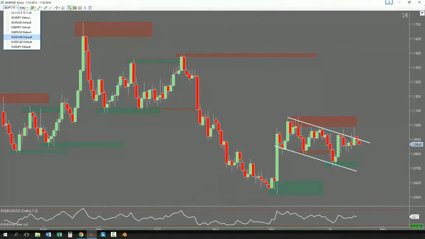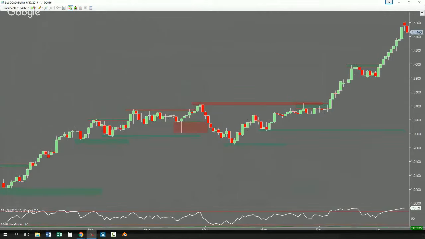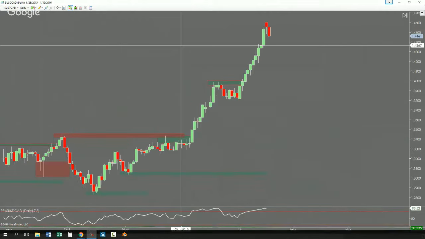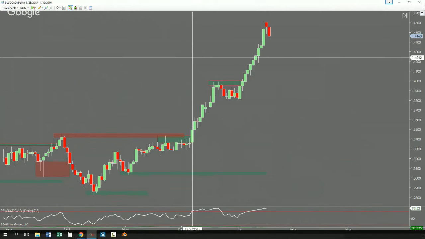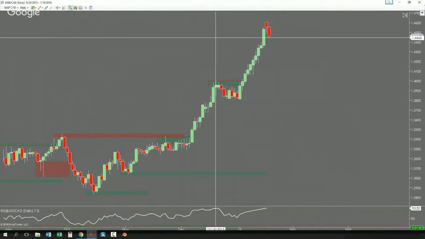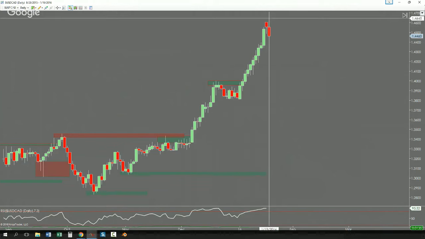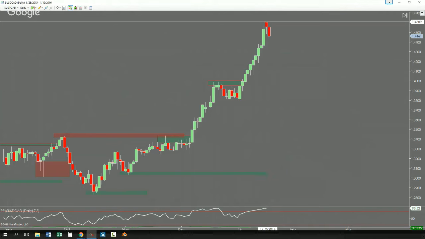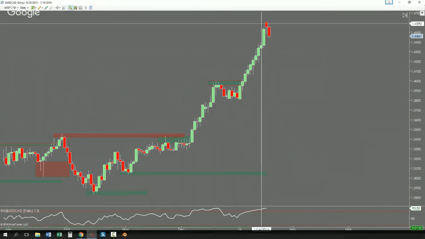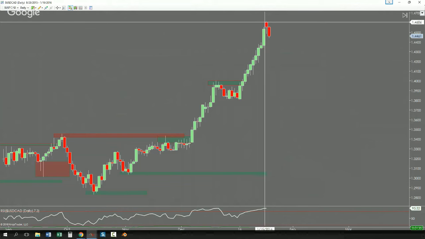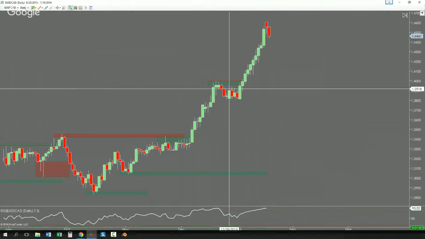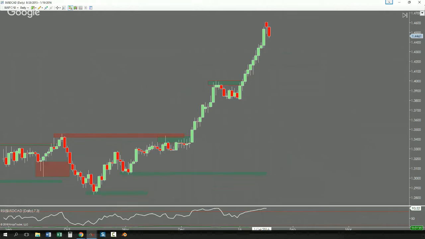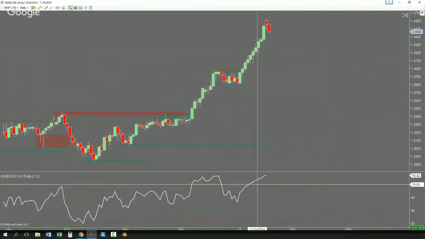Let's go to dollar CAD. Now, dollar CAD actually shows, for those of you who study candlestick patterns, I believe that's a hanging man, and that's usually a reversal sign from a bullish market to a bearish market. And price is also overbought on the RSI.